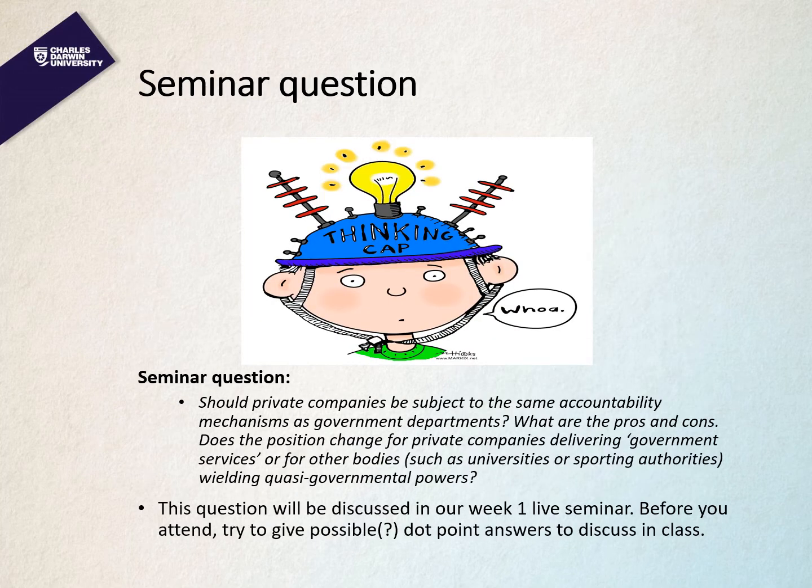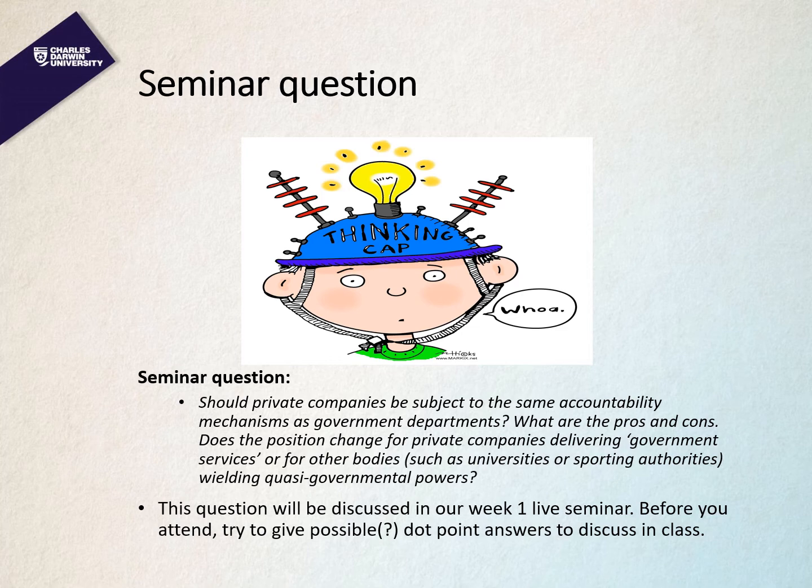Now, here's another seminar question that we will be discussing in the Week 1 live seminar, and it's about precisely the issue I've just been talking about. Should private companies be subject to the same accountability mechanisms as government departments? What are the pros and cons?